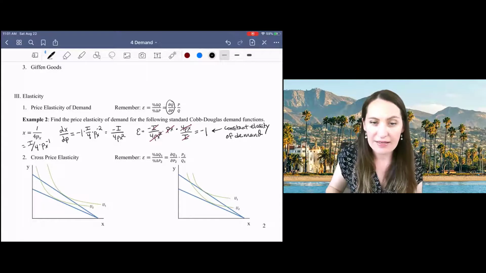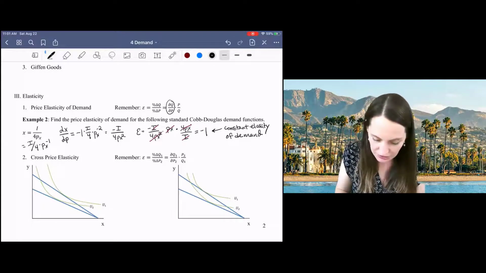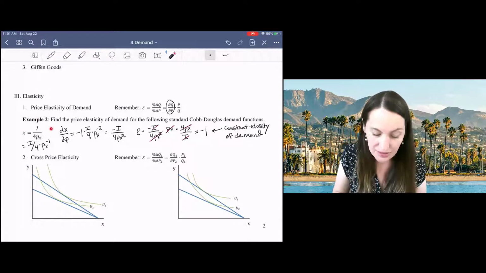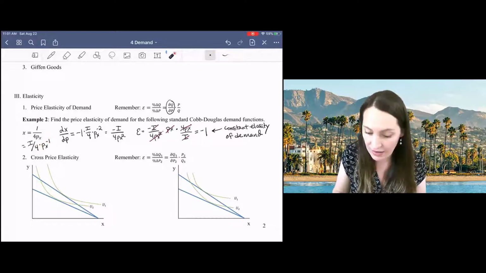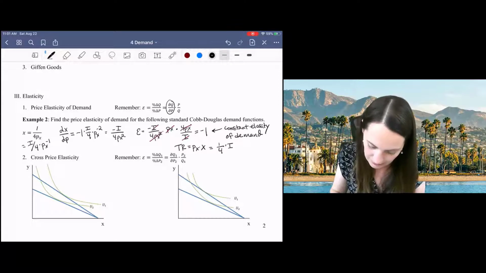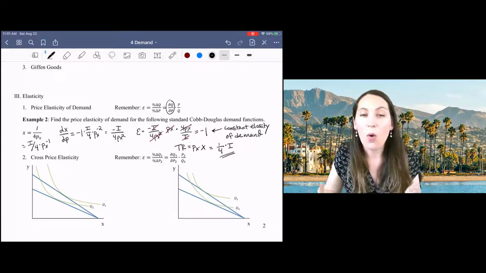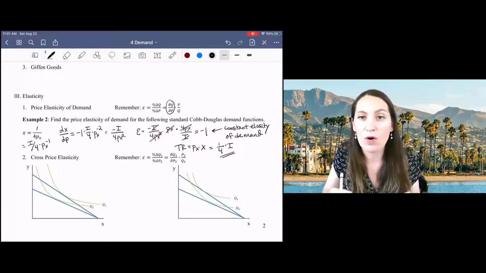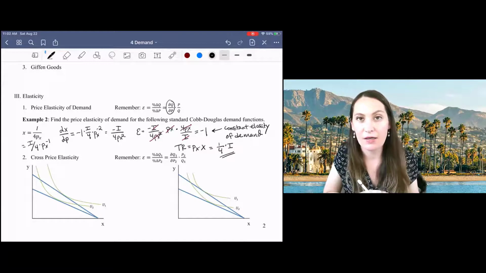So you'll notice if we rearranged our demand equation here to describe total revenue, recall that total revenue is equal to price times quantity, that's always a quarter of your income for this demand function.